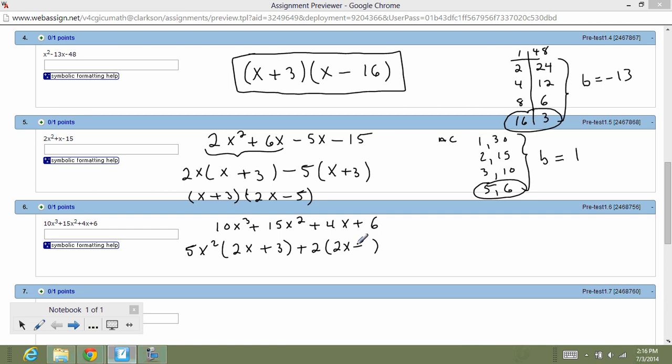And with a 2x plus 3 as a common factor on each one of these, we can factor out that common element, and be left with our final answer of the quantity 2x plus 3 times the quantity 5x squared plus 2. And now those are algebraically prime. There's nothing more you can do with those.